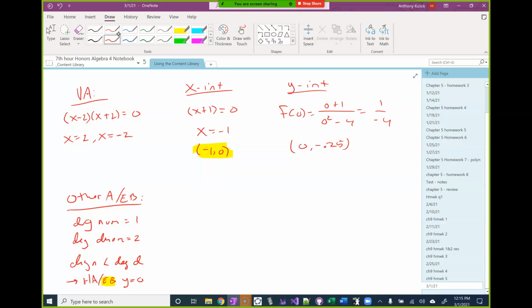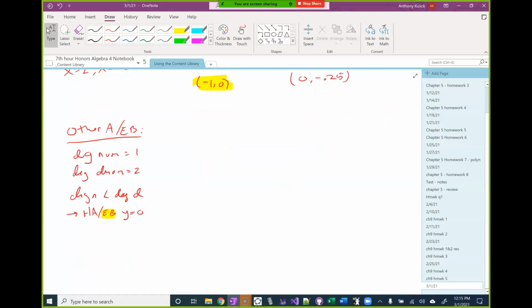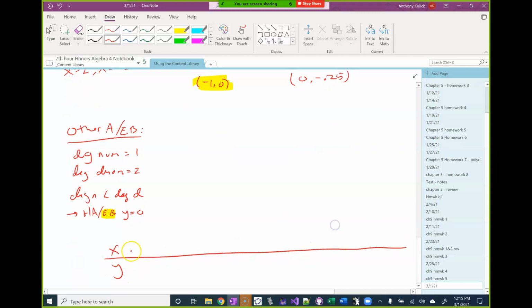All right. So what I'm going to do is make an XY table. And I'm going to basically use the same criteria I did before, where I'm going to have 3 points on either side of my vertical asymptote. But this time I have 2 vertical asymptotes.